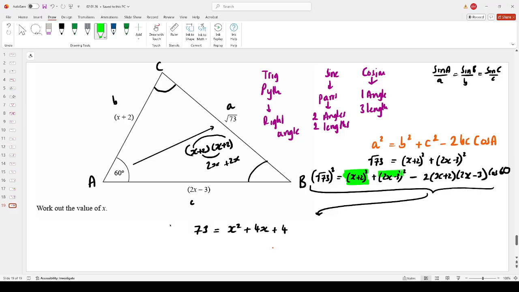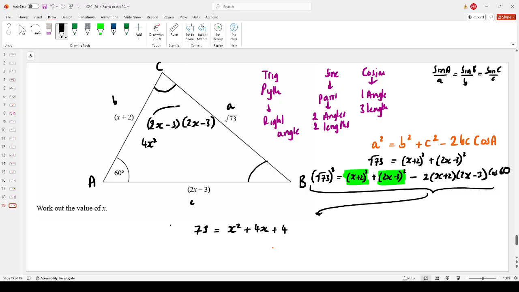Can everyone expand this one? Let me know in the chat once you've done it. So who got plus 4x squared minus 12x plus 9?